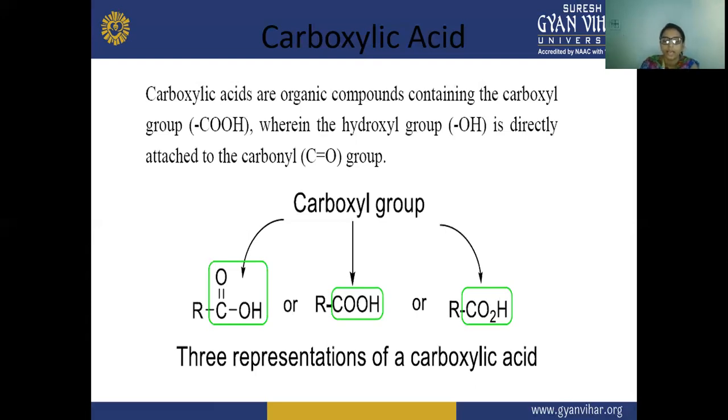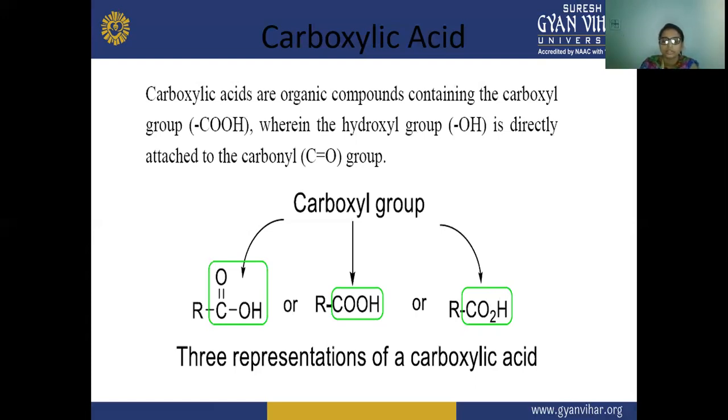As you can see here, the carboxyl group is the functional group, that is COOH. In COOH, CO is the part of the carbonyl group, and OH is the part of the hydroxyl group. So both of these form a carboxylic acid.